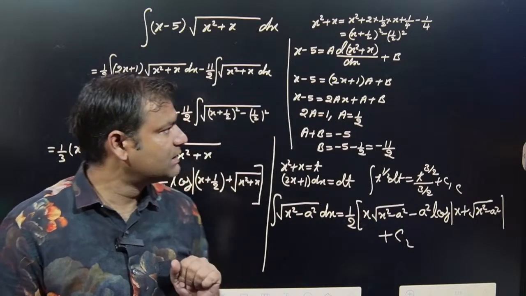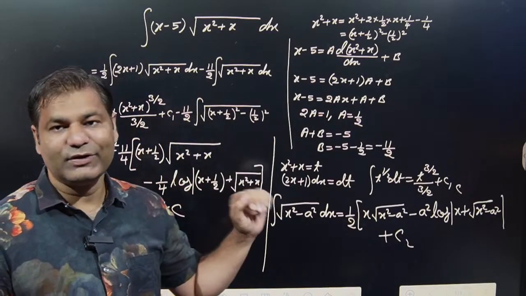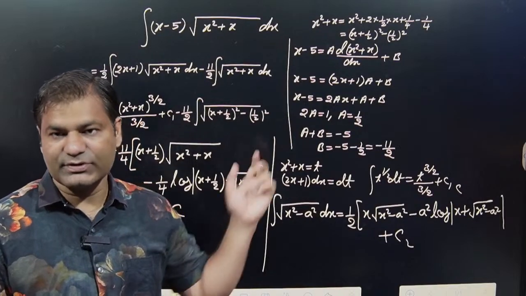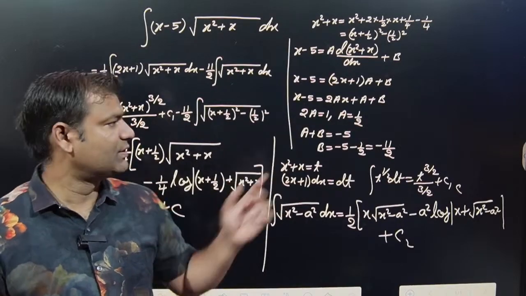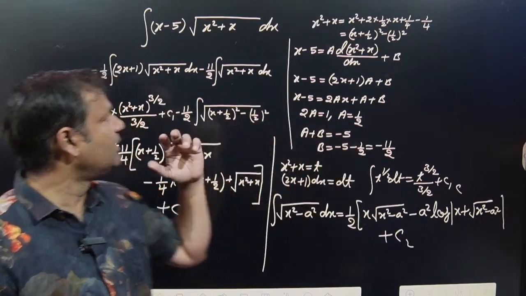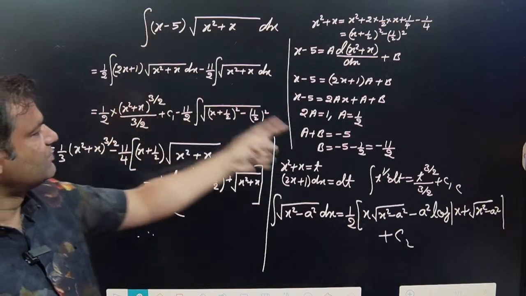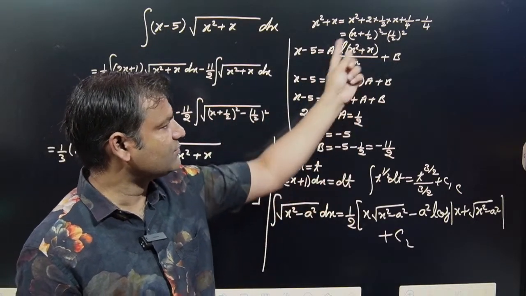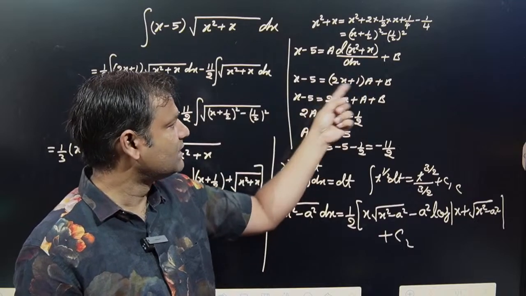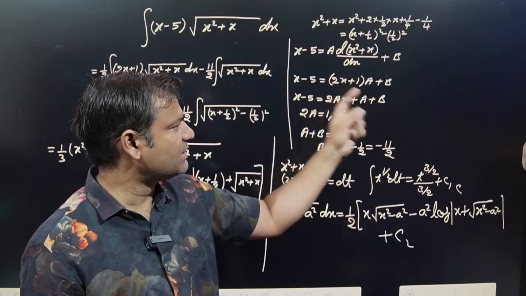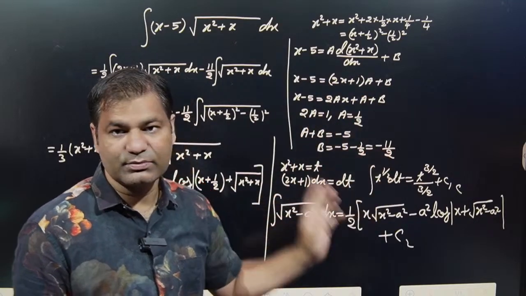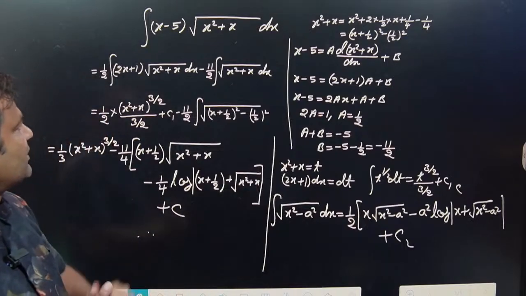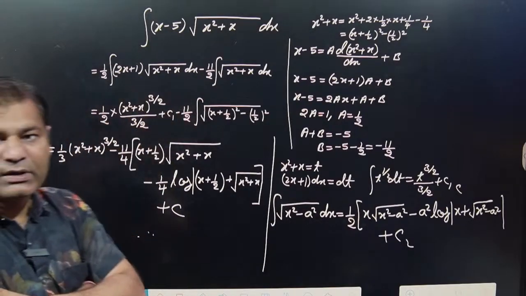After solving and comparing, we get a and b. These two values are put here, replaced in that one. So a is 1 by 2 into the differentiation of that, so 2x plus 1, and b is minus 11 by 2. Put here, then we get it written like that.